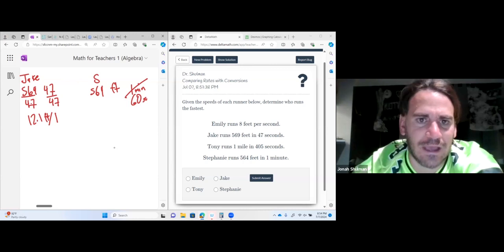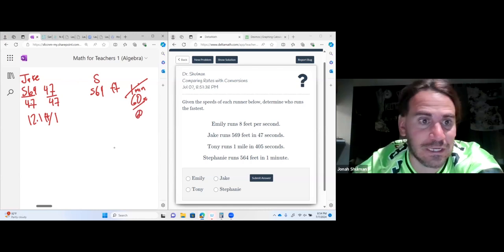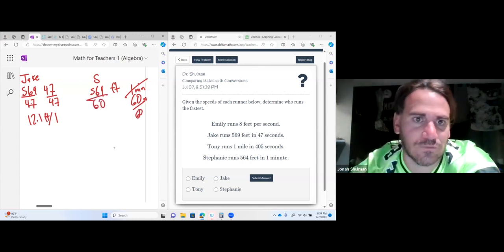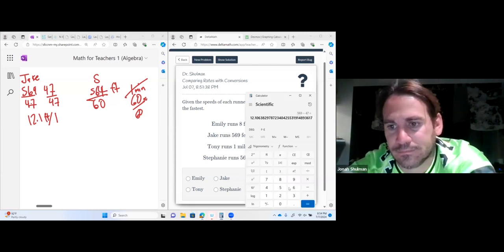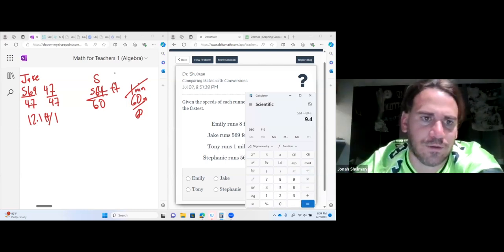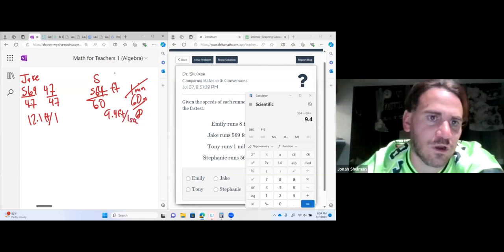But if I'm making this 60, that's fine. I want this to be 1, so I have to divide this by 60 to get 1. So I can divide this side, the 564 divided by 60. Right, and she's 9.4 for 1 second.